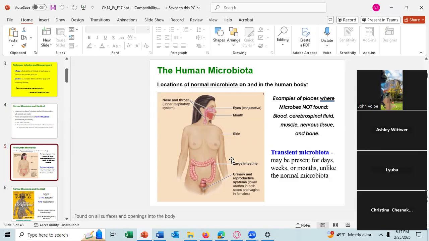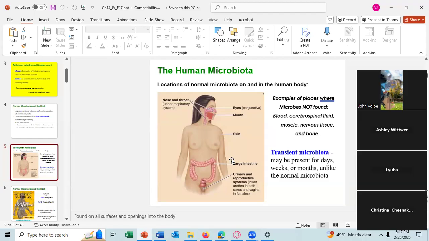The normal microbiota differs from the transient microbiota. In the normal microbiota, once it colonizes a person or a patient, that patient likely is going to contain that normal microbiota species for the rest of their life.